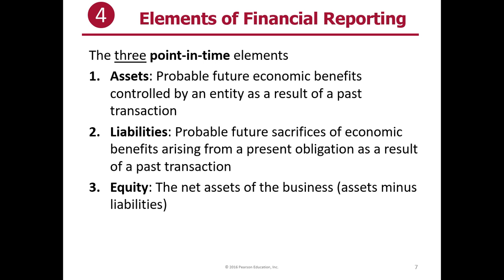Number one, there is an economic benefit, a future economic benefit. Number two, there is control by the entity. And the third one is that it is a past transaction. So there are three main elements that define an asset.